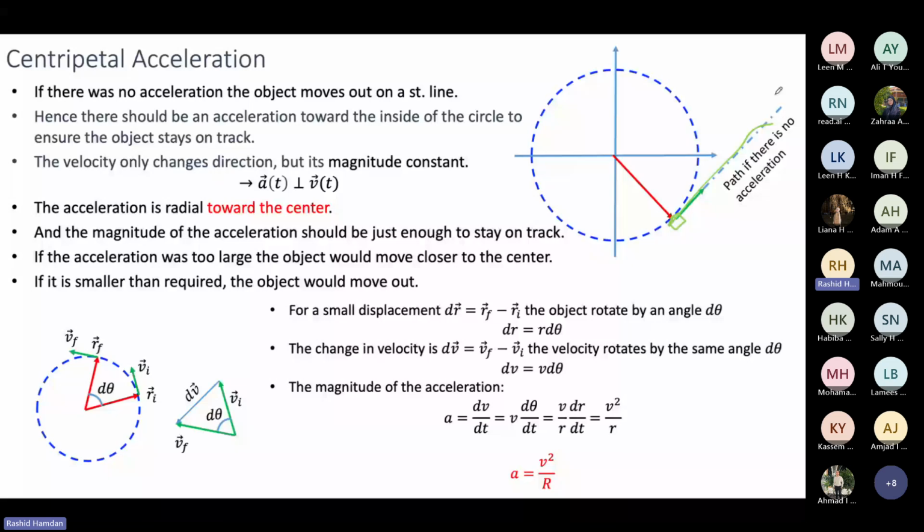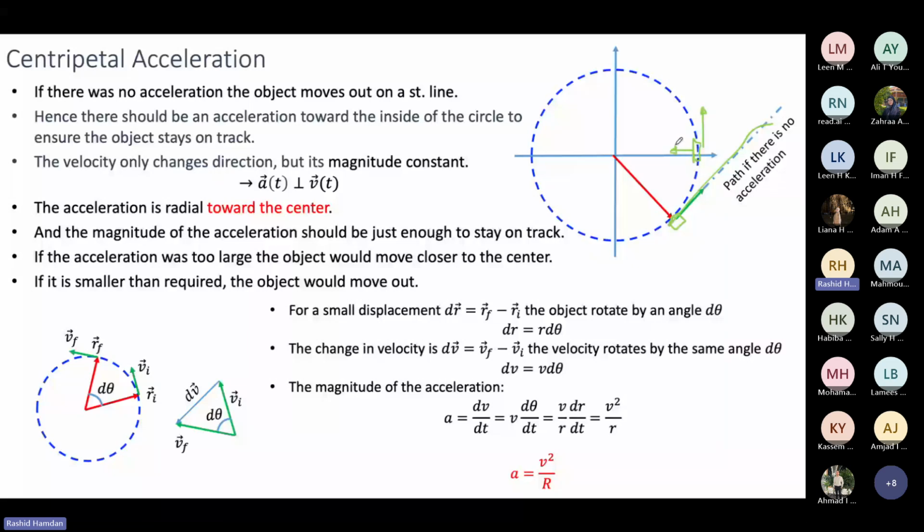So there should be something that is pulling us to the inside of the circle. If I look at the car again in this position, this is its velocity. If it doesn't have any acceleration, it should go up. So there should be an acceleration pointing inward that causes the change of the velocity.